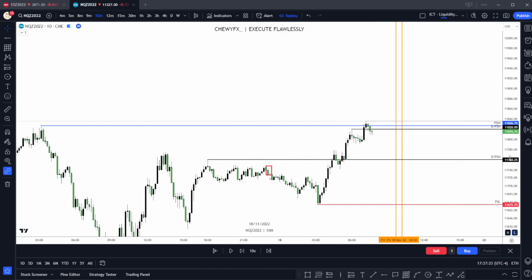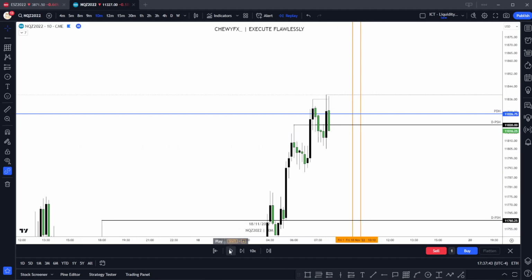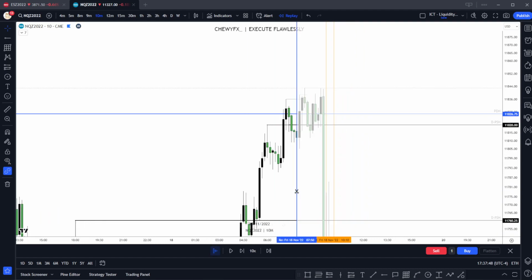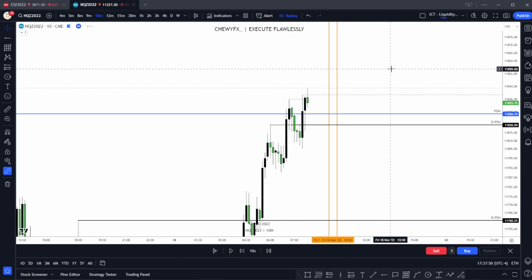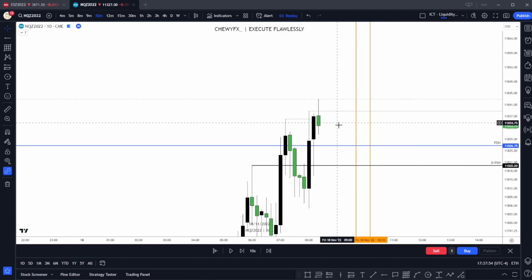Previous day high is swept. So we came back down to our session high, so we want to see a break of structure or a 10-minute MSS for our EM2. Okay, we had our, okay, hold on. Okay, we had our reaction off of the session high.